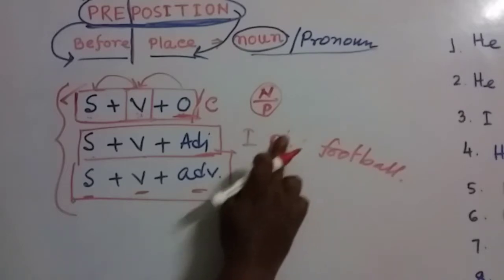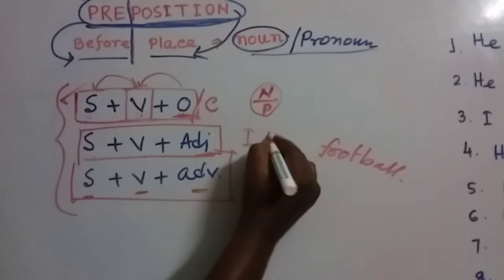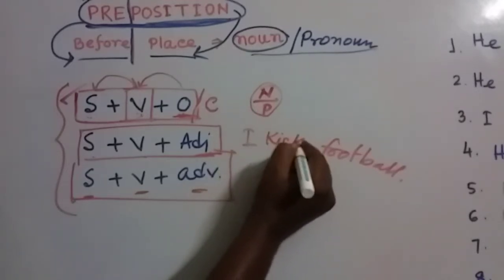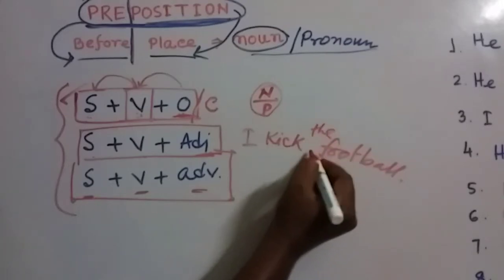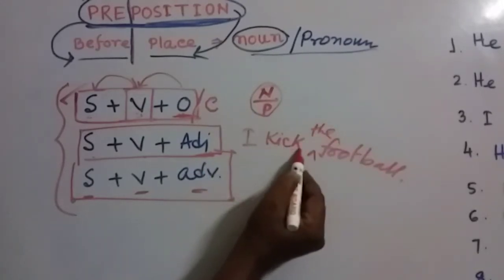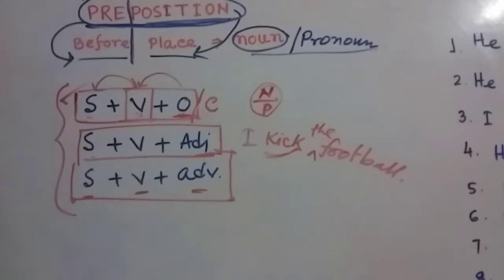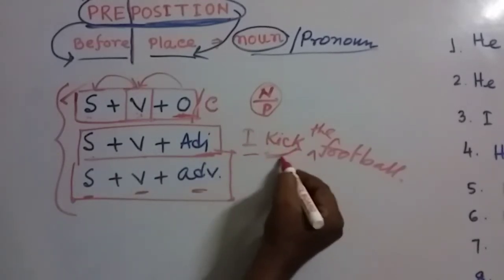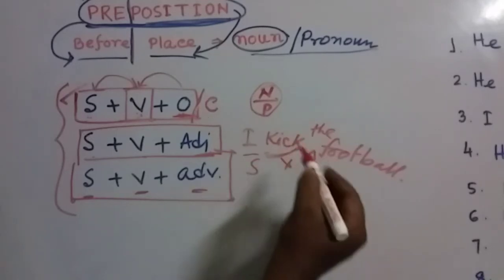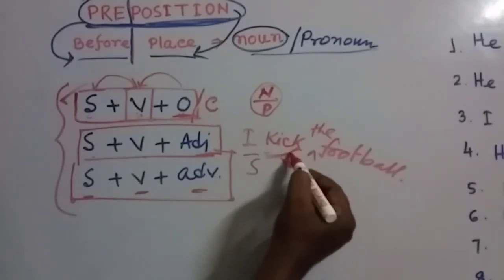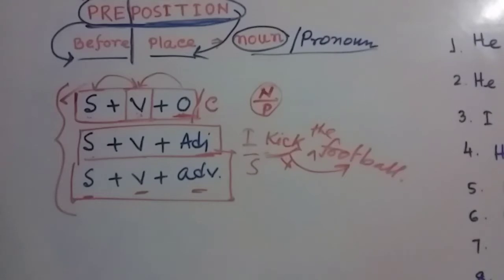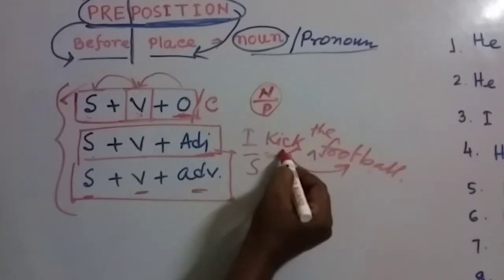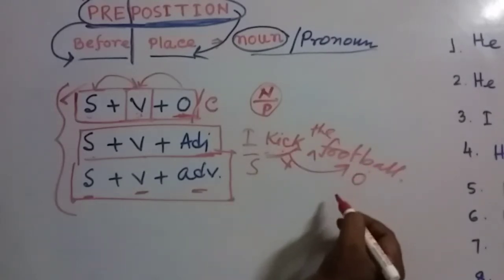Better to say, write down, I kick the football. Here you can say this is the verb and the subject is I. The receiver of this kick is the football. That means the football is receiving this action. That's why this is the object.